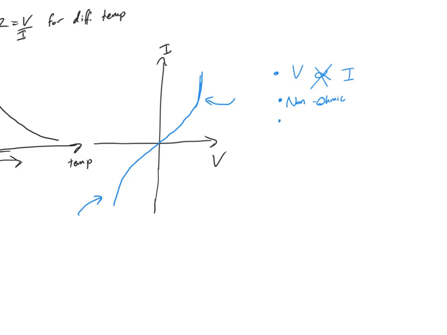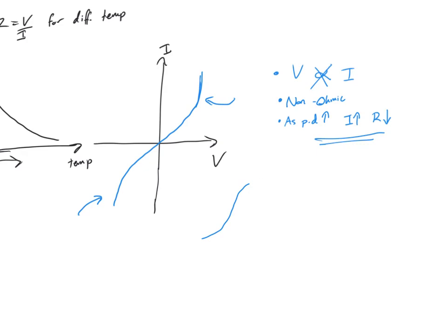What we can see here is as potential difference increases, current increases, which means resistance decreases. This is the major difference between a thermistor and a filament lamp. In the filament lamp, we saw this shape, which meant that there was less current for each increase in potential difference.